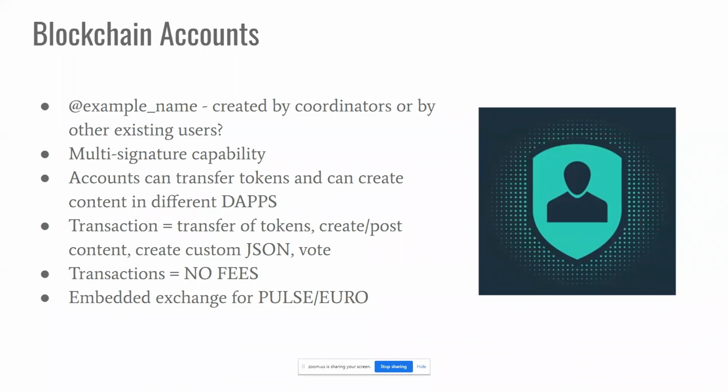And what we call a transaction is basically a transfer of tokens, or the process to create or post content, or a more custom process to create some JSON files, or to vote for different kinds of decisions that we can make or foresee having in this environment.